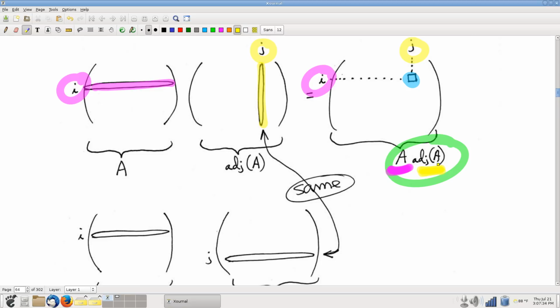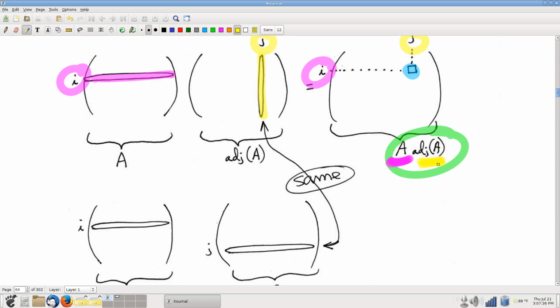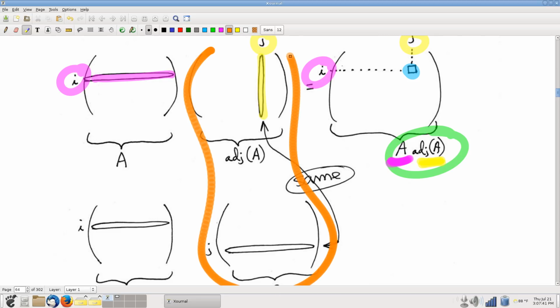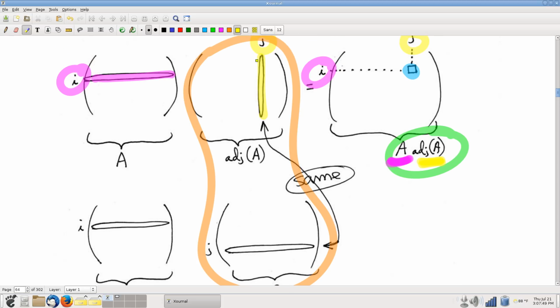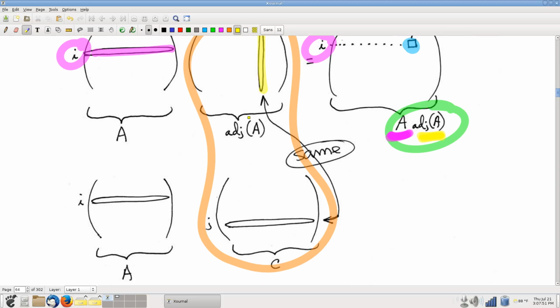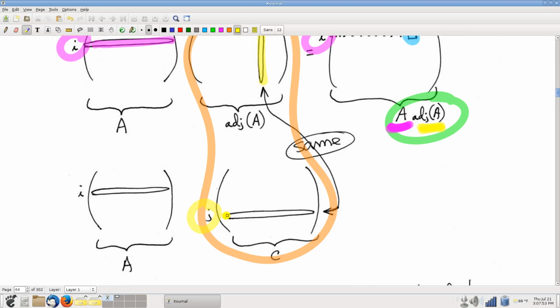And then just remember that the adjoint is the transpose of the cofactor matrix, and so the jth column of the adjoint is equal to the jth row of the cofactor matrix.